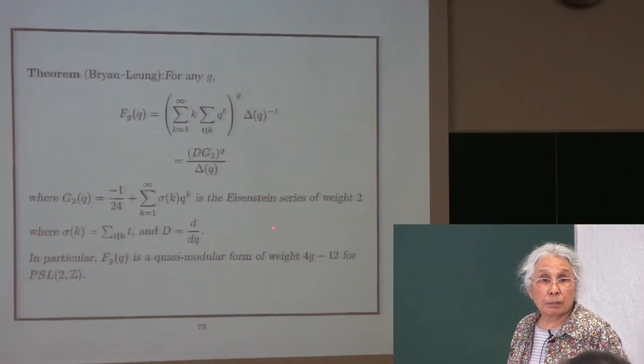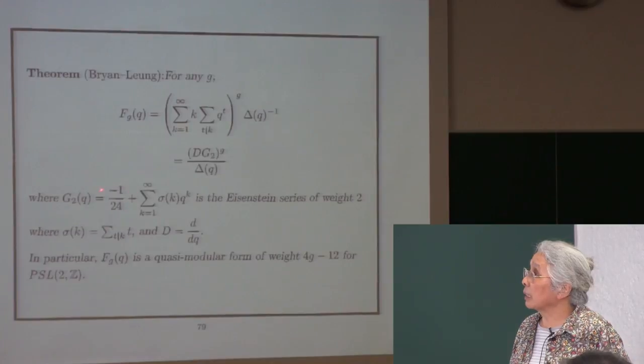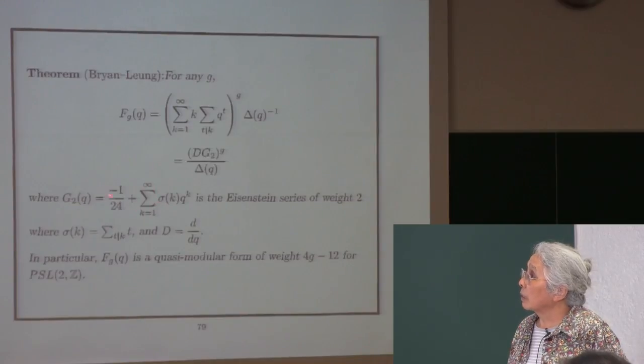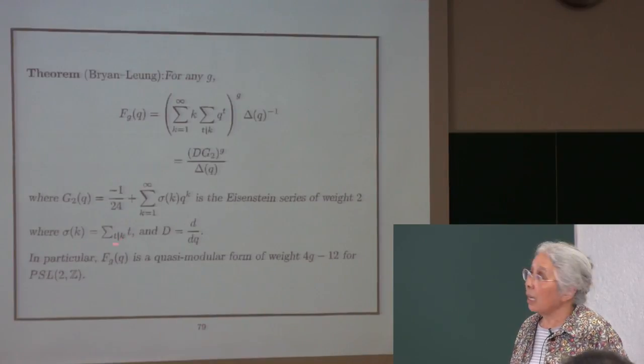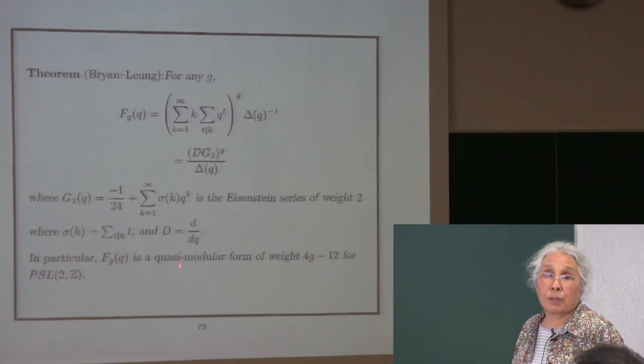It appeared last week also, but this is not normalized; last week I had the coefficient 1 here. Sigma_k is the sum of divisors dividing k, and D is the differential operator.